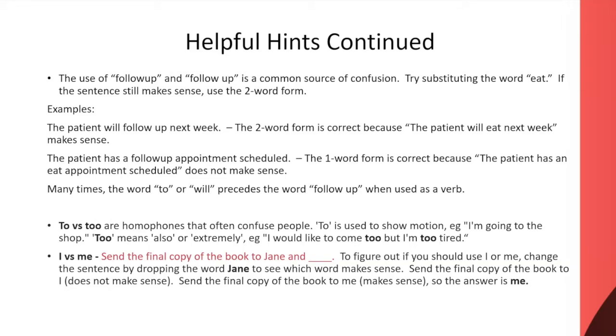Send the copy of the book to me. Well, that makes sense. So the answer is me. So anytime you come across that, just say the sentence again, but leave out the first person that they're referring to. And then you'll be able to easily, and it's so simple once you realize that.